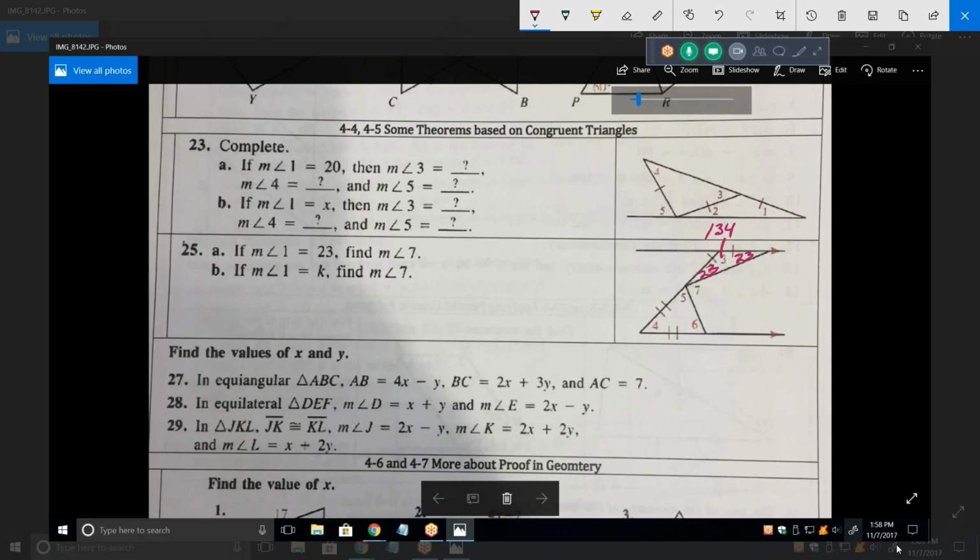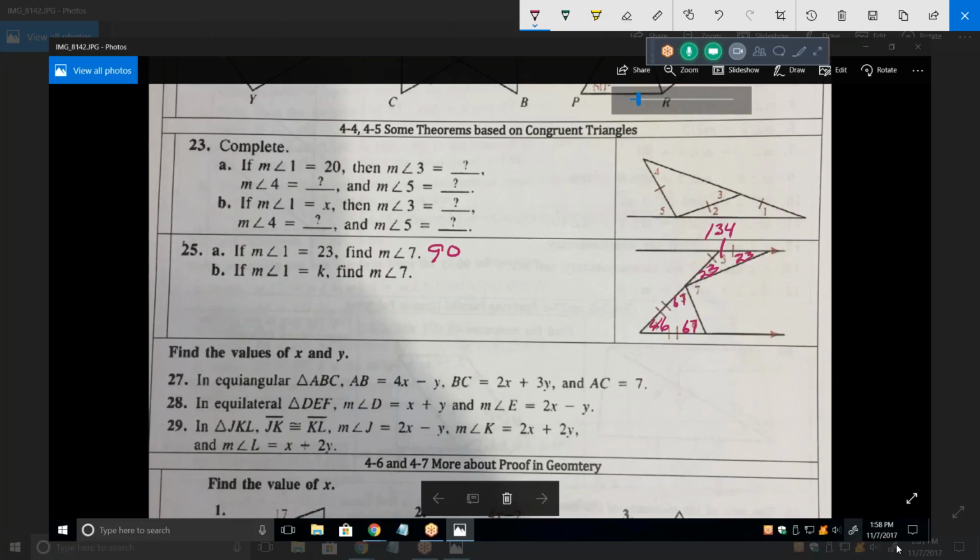And since those two lines are parallel, angle 3 and angle 4 have to be supplementary. So angle 4 has to be 46. That's isosceles. Both of those have to be half of 134. So that's 67. That's 67. Now you can figure out angle 7. 90. Correct.